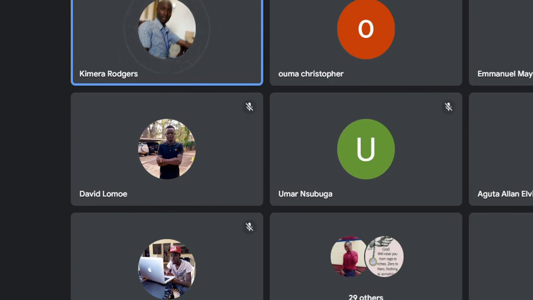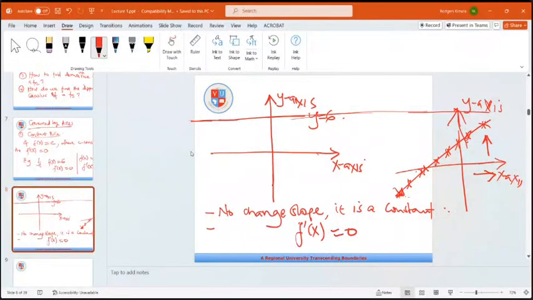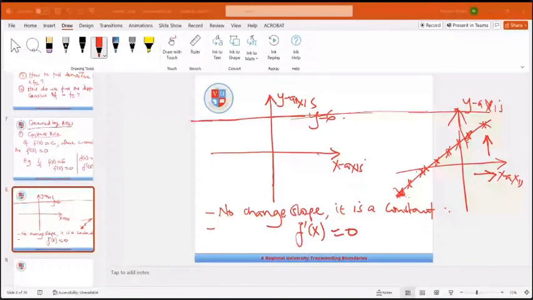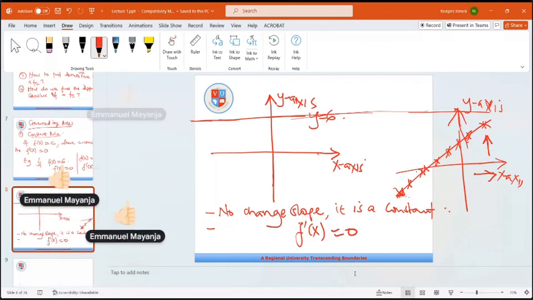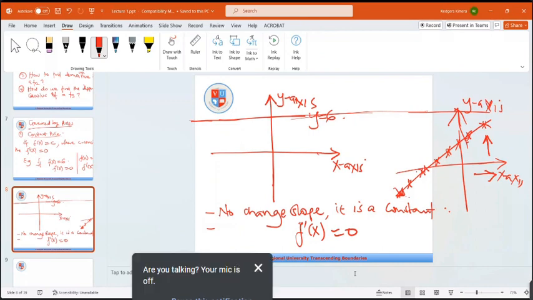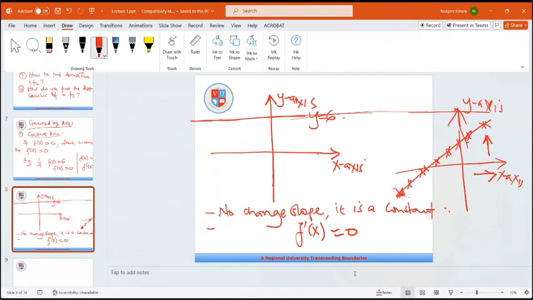Just to double check, the screen should be visible.